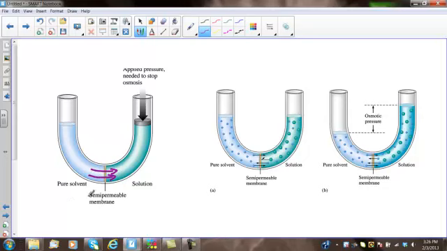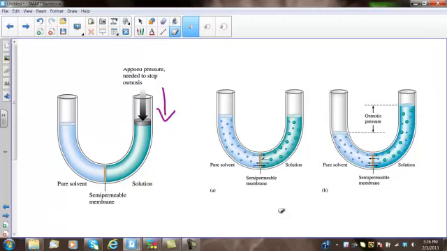Now, this flow can be prevented by applying an external pressure up here on the solution. So if I apply an external pressure on the solution, then I can stop this flow. The minimum pressure required to stop the osmosis of this pure solvent into the solution is equal to the osmotic pressure of the solution.